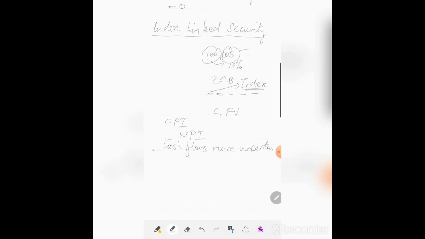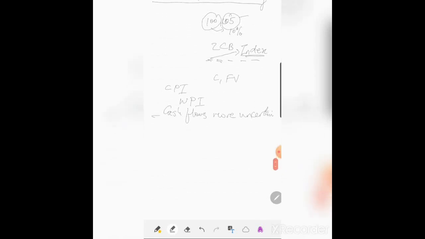So in general, we use the words real cash flows. Real means I am adjusting them for inflation. So here inflation is considered.